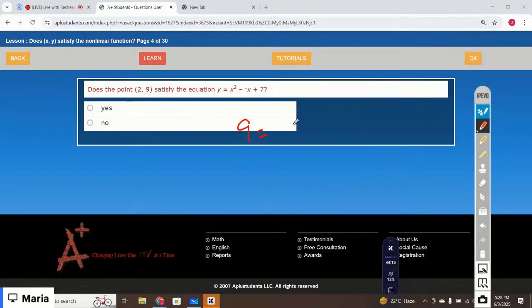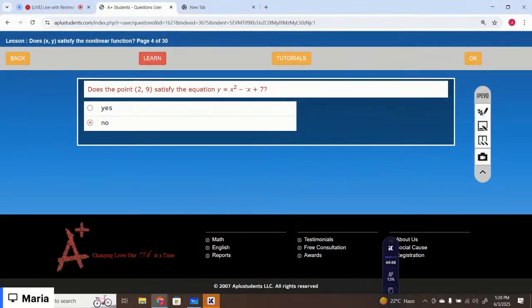So 9 is equal to 2 squared minus negative 2 plus 7. So that is 4 plus 2 plus 7. 4 plus 2 is 6, and 6 plus 7 is 13. 9 is not equal to 13. So the correct option is, number 9 does not satisfy the equation.